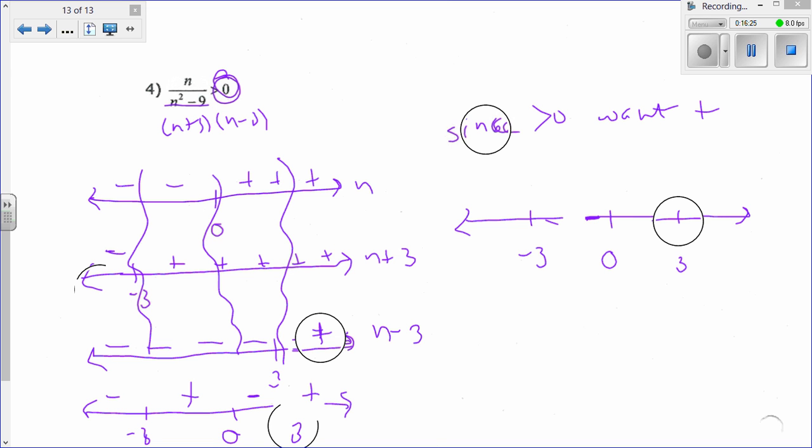Our positives are between -3 and 0. They're not equal to, so we have to do open circles. And then it is greater than 3.